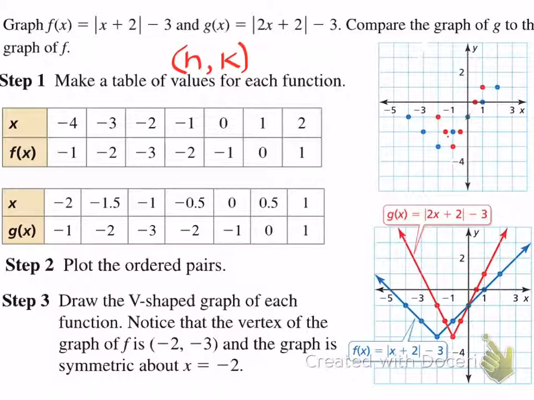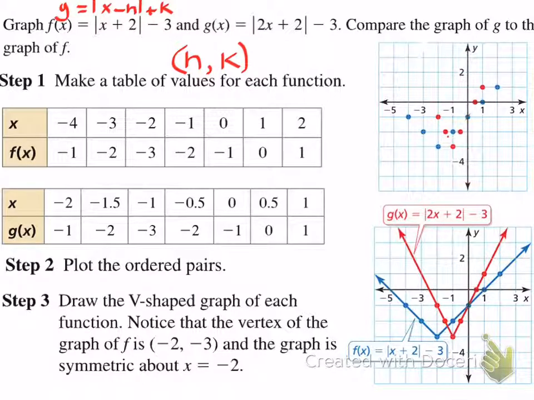Now remember, here's the original vertex form of the equation: x minus h, plus k. Okay, so what is my h comma k in the first one? What is the vertex? What is the h?